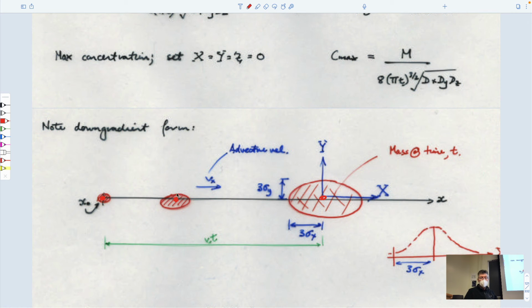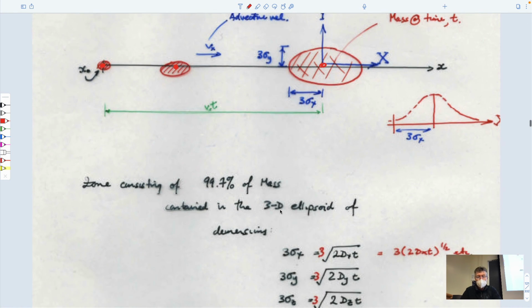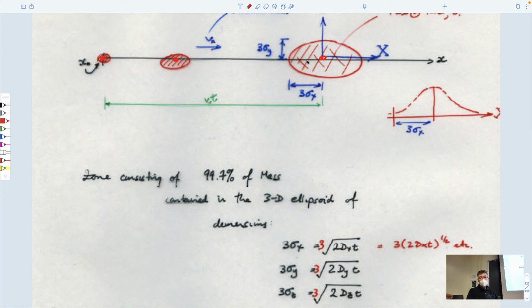As it moves down gradient, it will spread by dispersion. And the solution for this is very simple in that it gives you the magnitude of this spreading, this length, is 3 standard deviations. It's a Gaussian distribution. And these 3 standard deviations are equal to 3 times the square root of 2 times the dispersion times time.